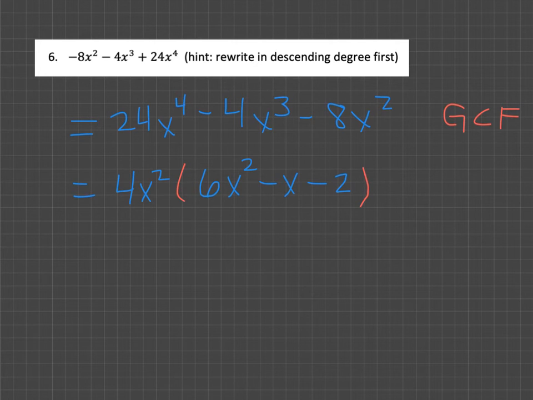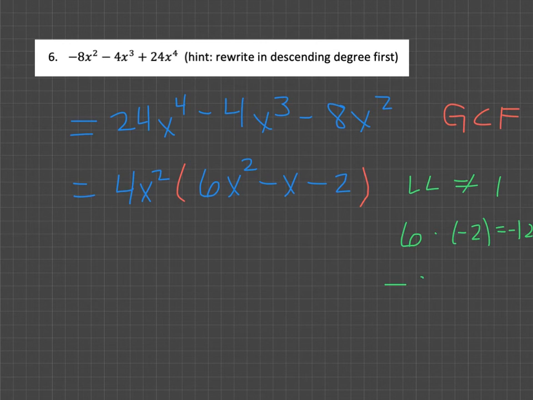Now here we've got a quadratic, so we want to keep factoring. Here this is a quadratic that has leading coefficient not equal to 1. We want to multiply the leading coefficient times the constant. We get -12.